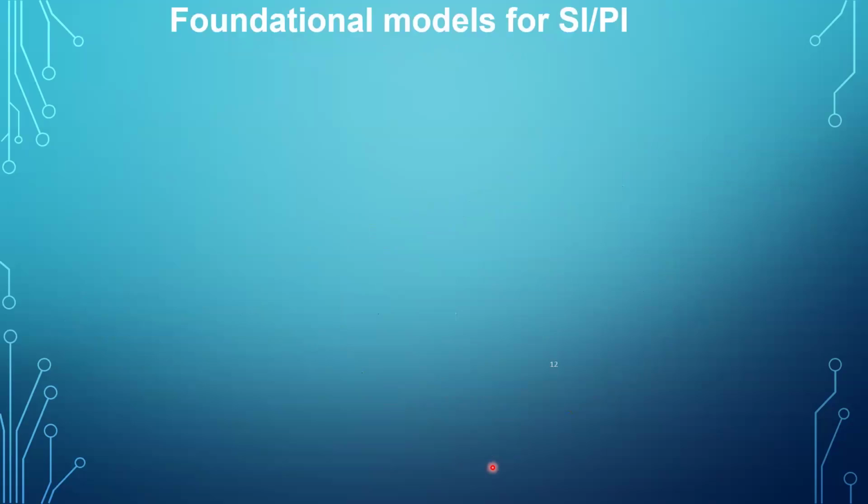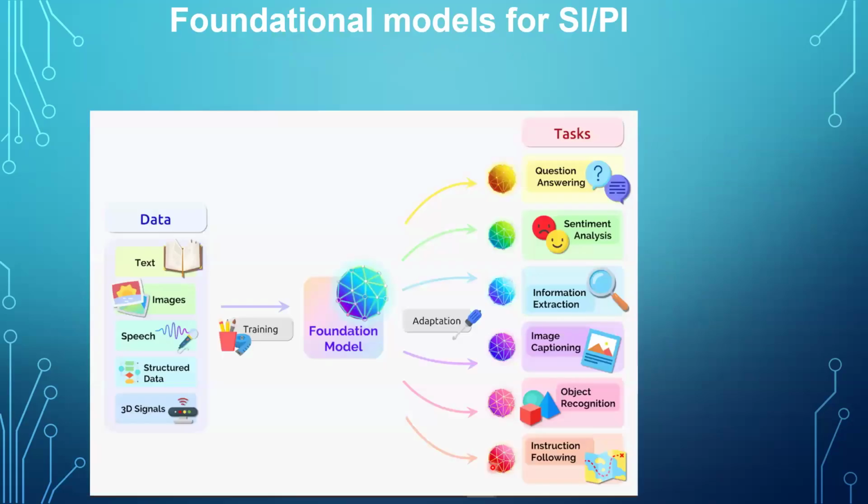So that leads to what I call a foundational model for SIPI. This is very timely, because as I was preparing the slides, I thought this was the future, but this week OpenAI announced GPT-4o, right? So now it's truly multimodal.